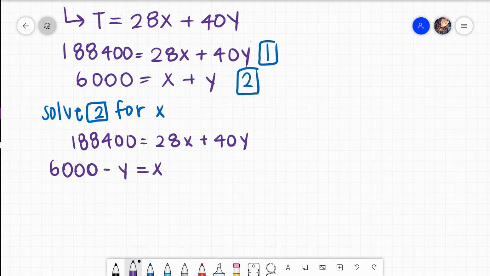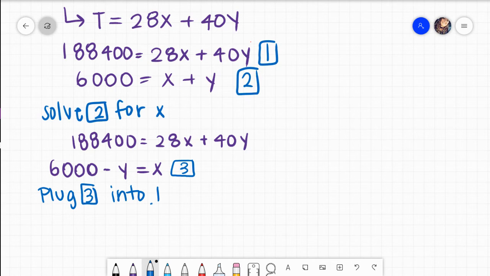Now that I have this solved for a variable, we have been declaring it a new equation. Let's call it 3. What I'm going to do now is plug equation 3 into equation 1.